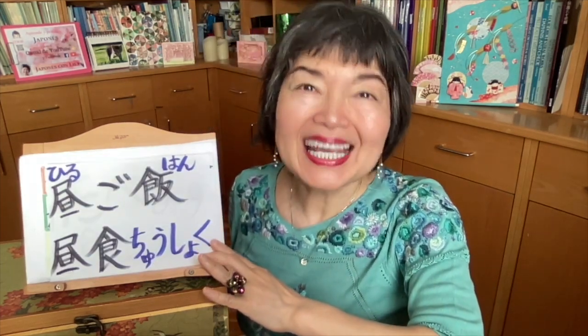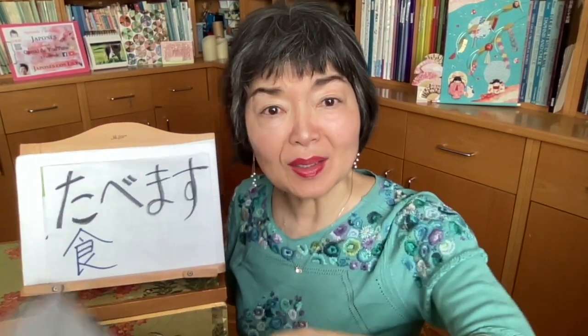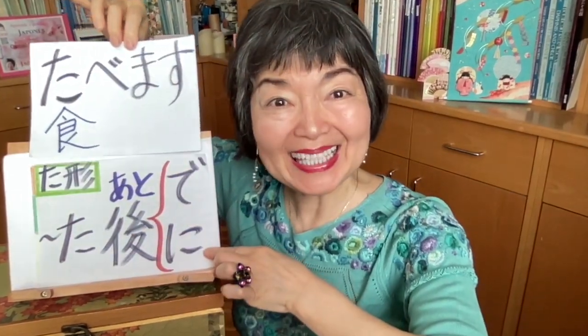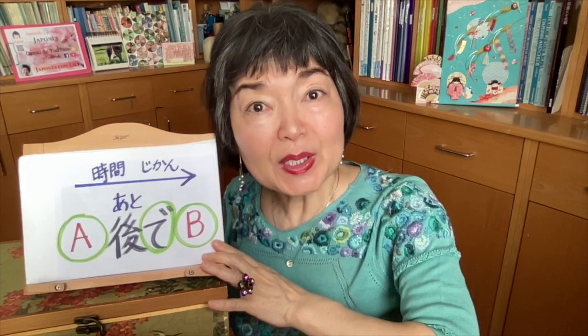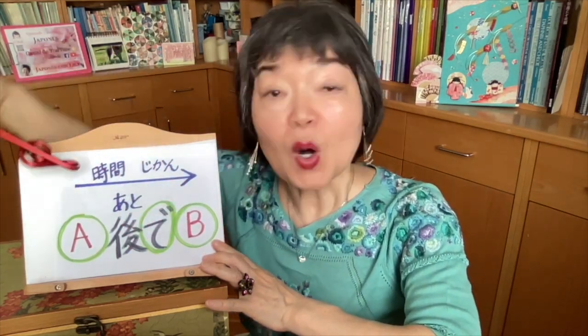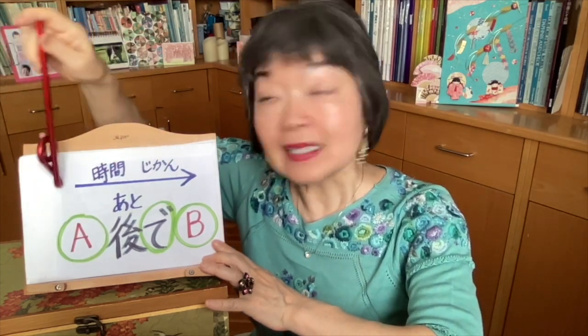After eating lunch, I had some coffee. 昼ごはんを食べた後で、コーヒーを飲みました。When we use 後で with this particle で, it means the only important thing is the time, 時間. The time passes like this.